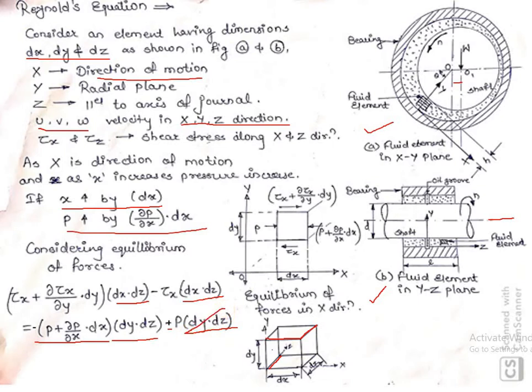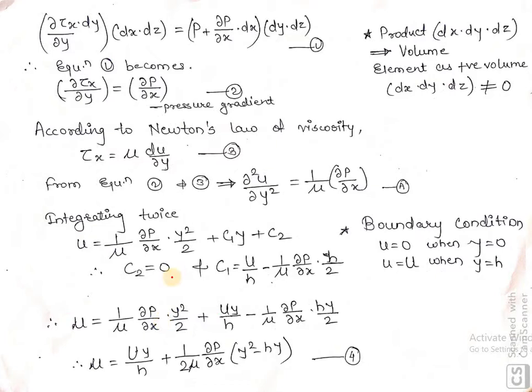So this term will be cancelled out with this P term, and again this tau x term will be cancelled out with this one. So what remains is this into dx into dz upon this into dy into dz. So here we have got this equation. Now actually here is a mistake. Don't consider this as a P. So simply this is the remaining term.